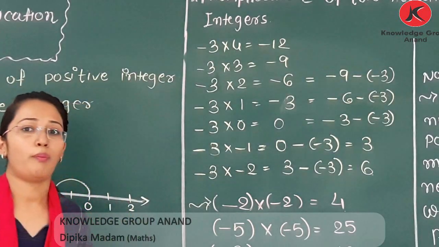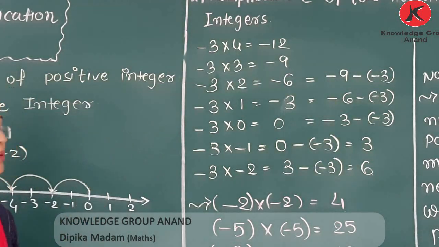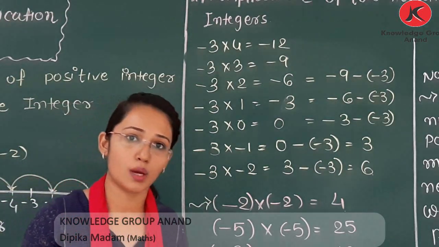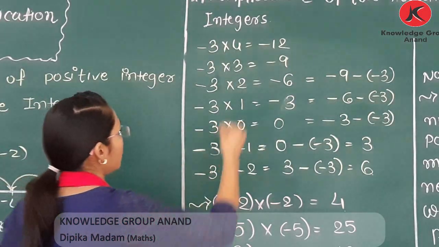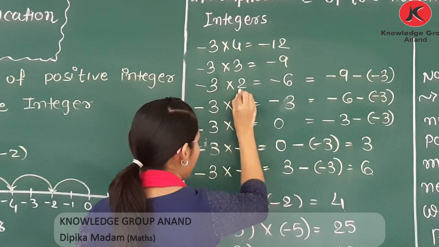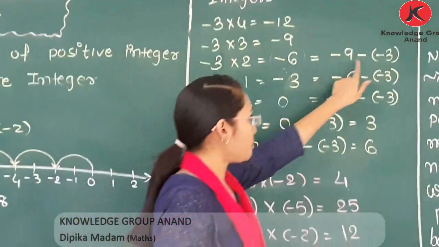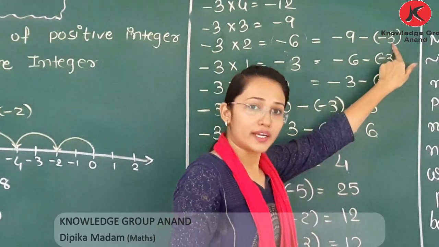Same way, we need to find the pattern for this: which number to add or which number to subtract. Now you can see -3 multiplied by 2 is -6, which means we subtract the negative integer, that is -3.